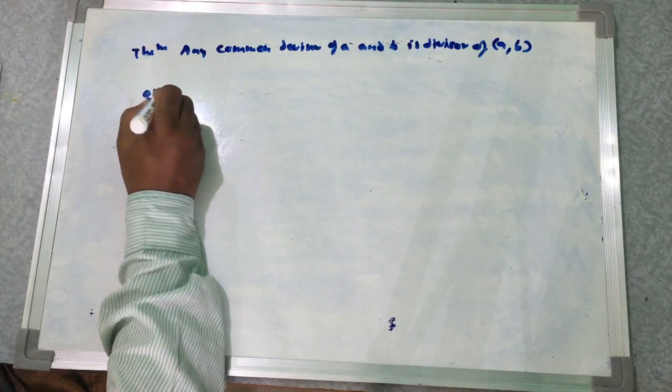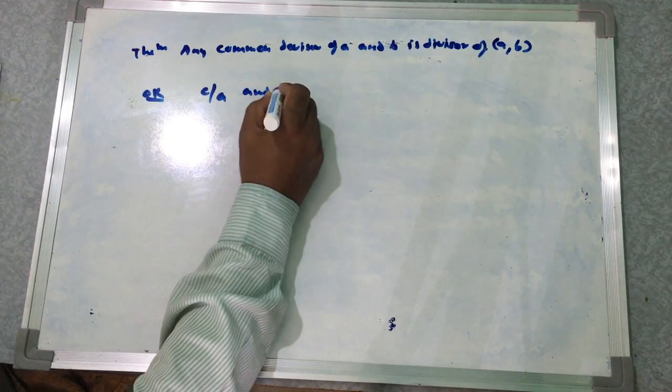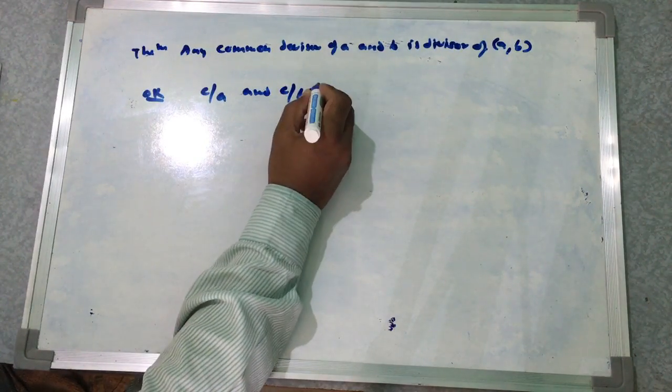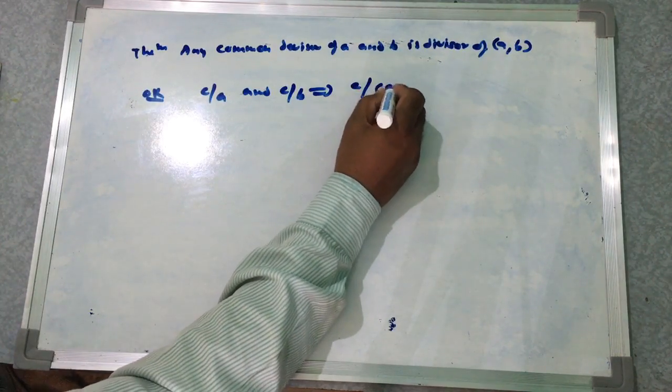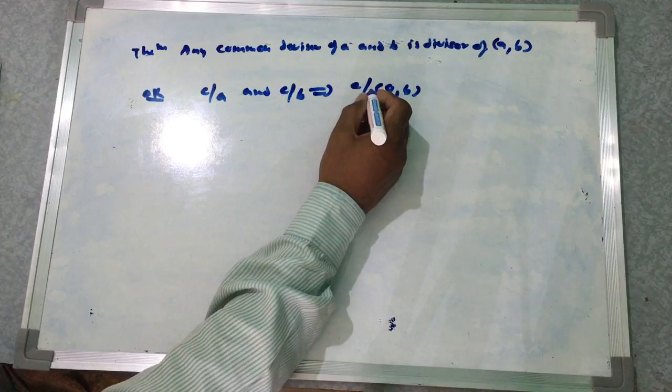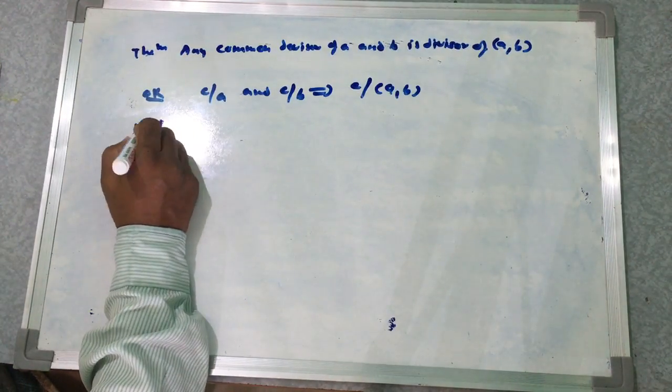Or this: c divides a and c divides b, it explains that c divides the gcd of a and b. So this is the proof for this.